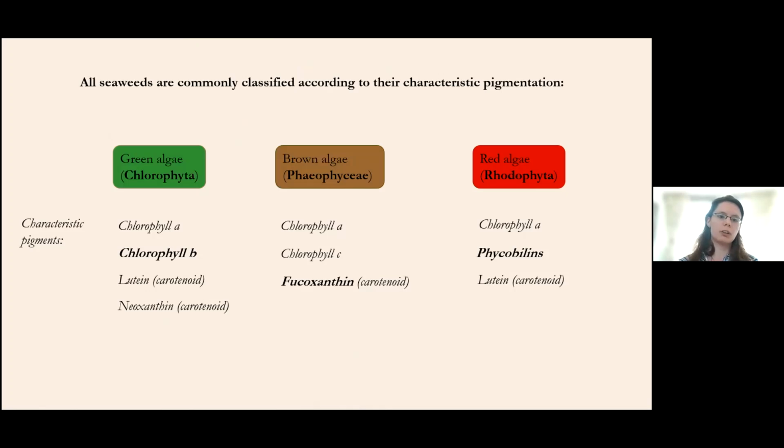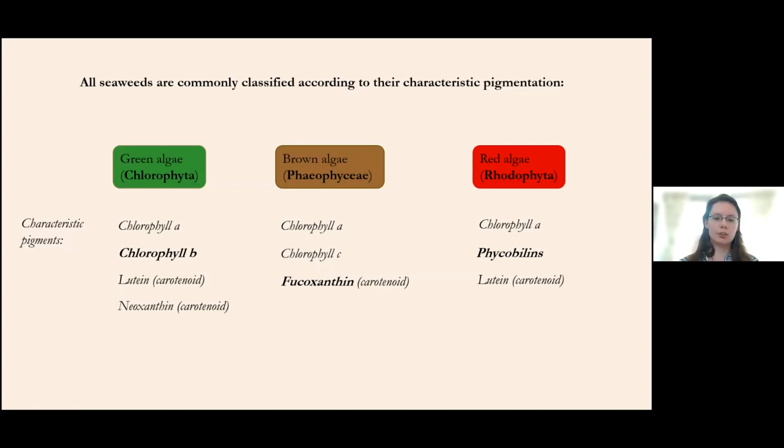For example, for the green algae, the chlorophytes, chlorophyll b is the main pigment. Brown algae have a carotenoid, fucoxanthin. The red algae have a pretty particular pigment, which is phycobilins. So all the seaweeds are classified according to that characteristic pigmentation.